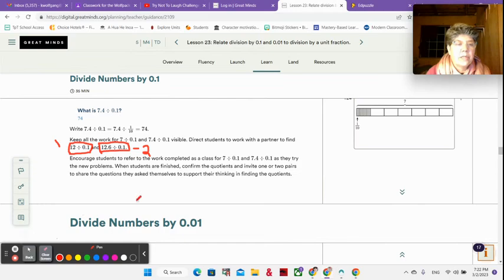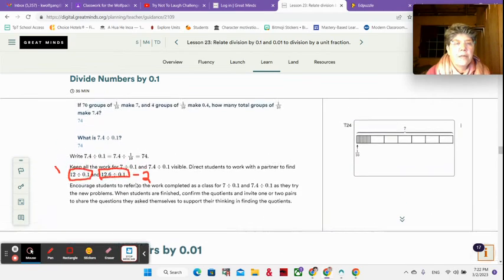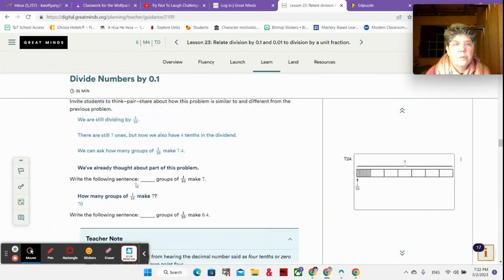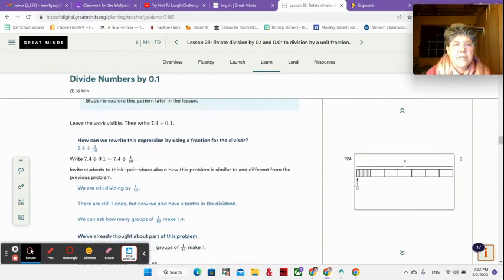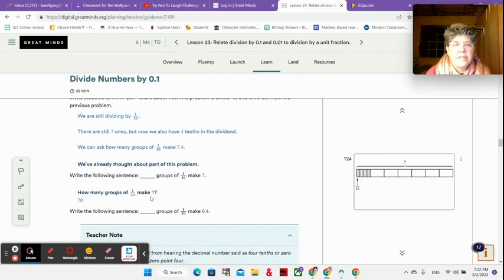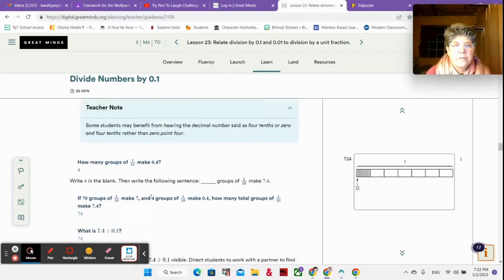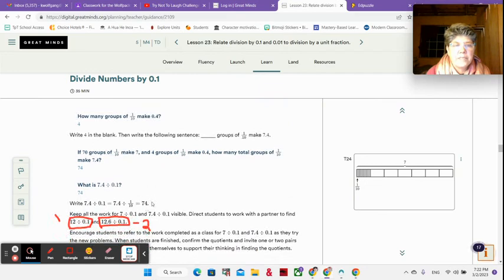But when you're going to do your Edpuzzle, think about right here the patterns that we just looked at. 7 4/10 would be 74, right? So think about how many tenths are in 1, and now you have 12.